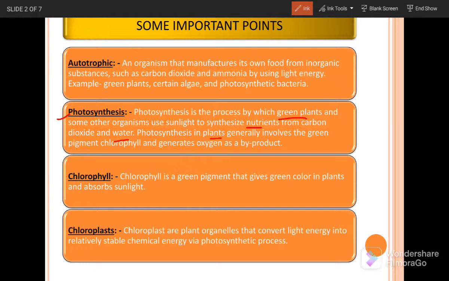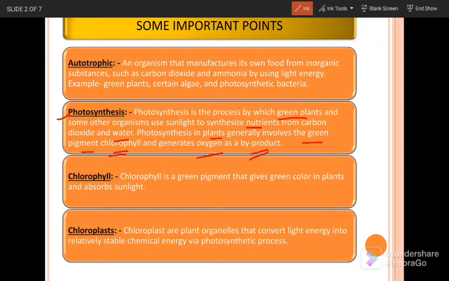Photosynthesis in a green plant generally involves the green pigment chlorophyll. If there is no chlorophyll in the green plant, photosynthesis cannot occur. With the help of photosynthesis and chlorophyll, the green plant generates oxygen as a byproduct. It is very simple.